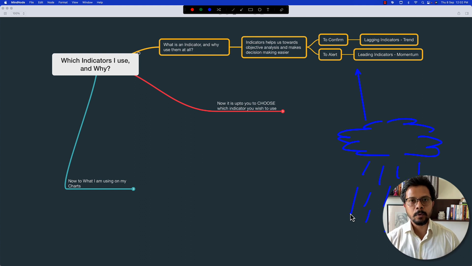Should I wear my new leather shoes or not? So it's an alert. It's a probability of an event. And so in technical analysis also, there are certain leading indicators which help us to alert that something may happen. There is a probability behind it. And of course, it doesn't happen all the time.